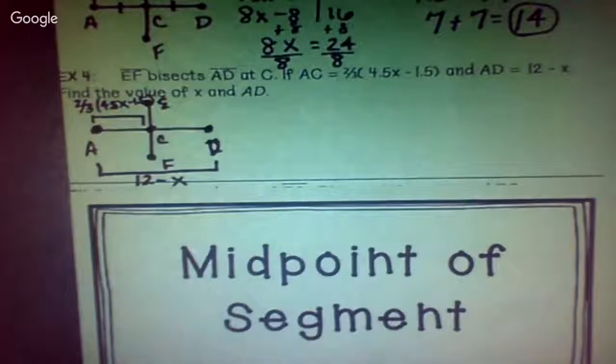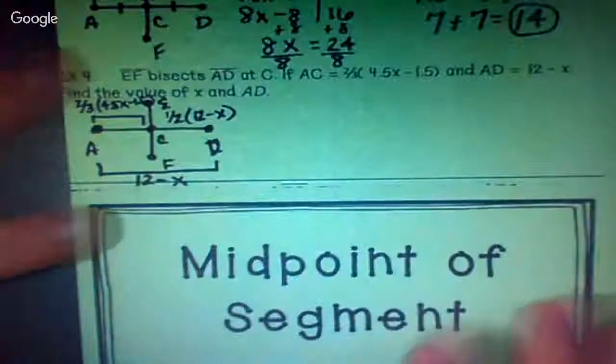All right. What does the line EF do again? It cuts it in half. It breaks it into two equal parts. So, can I do this? Does that work? If the whole thing is 12 minus x, and that line cuts it in half, that means C to D is half of the whole thing, right? So I can make CD 1/2 of AD.